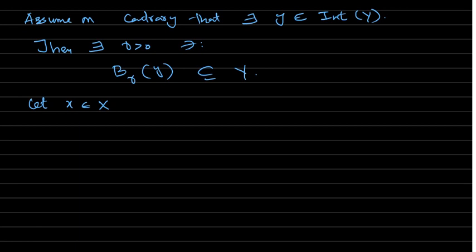So how do I do that? I want to prove that x minus y is less than r. So x with some scaling factor alpha times x.